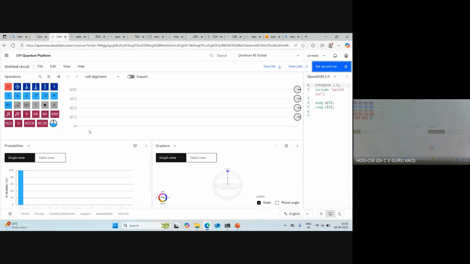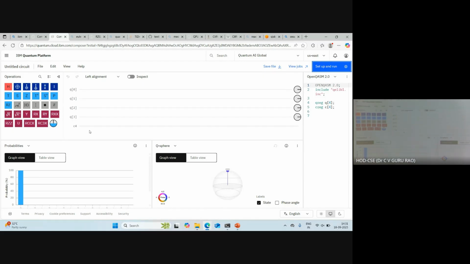That classical bit will be stored in the classical register. In programming as well, we will call Q0, Q1, Q2, Q3 quantum registers, and this classical bit, we will call the classical register. That is very simple.